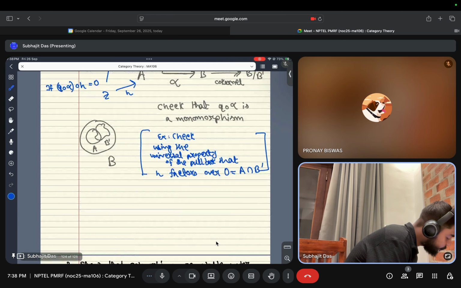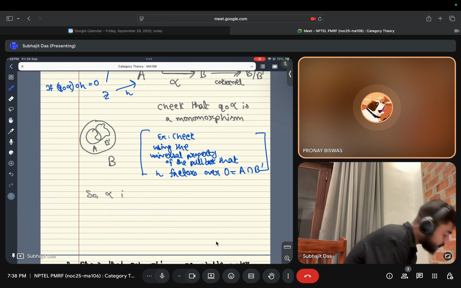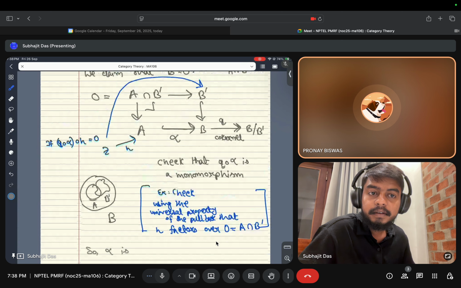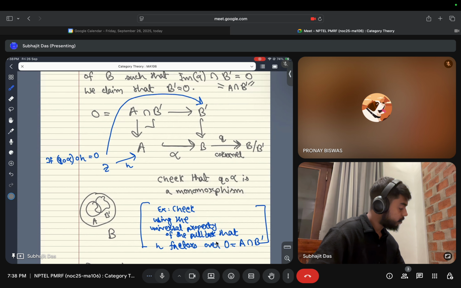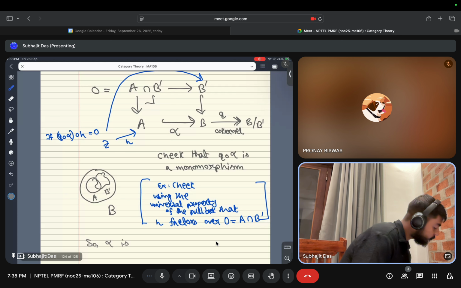So alpha is a monomorphism, so Q is a monomorphism.